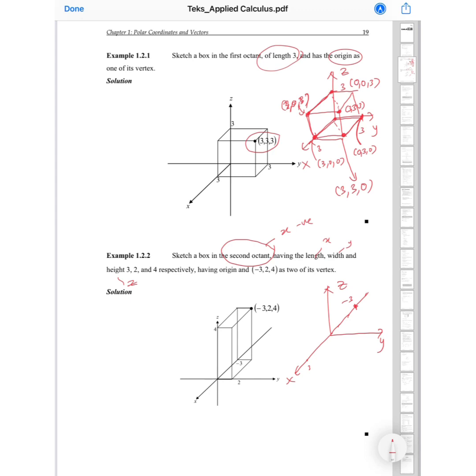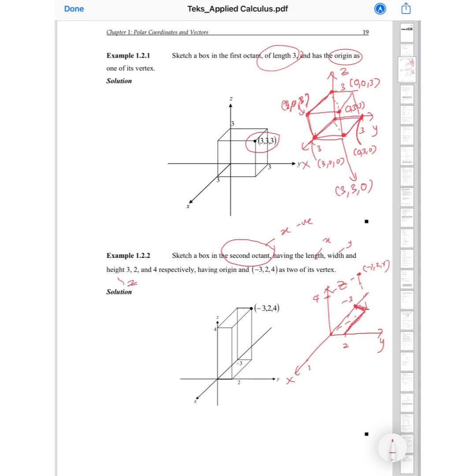And then y is 2 and z is 4. Having origin and (-3, 2, 4), from here to here, these are two of its vertices.